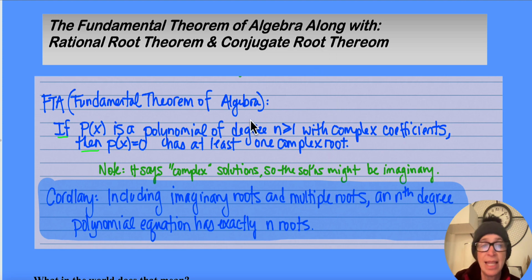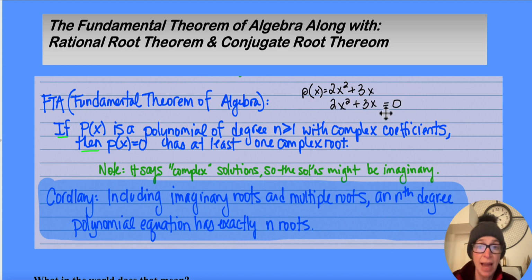Basically, that means that if I have a polynomial, 2x squared plus 3x, and I set it equal to 0, then it's going to have at least one complex root, okay?